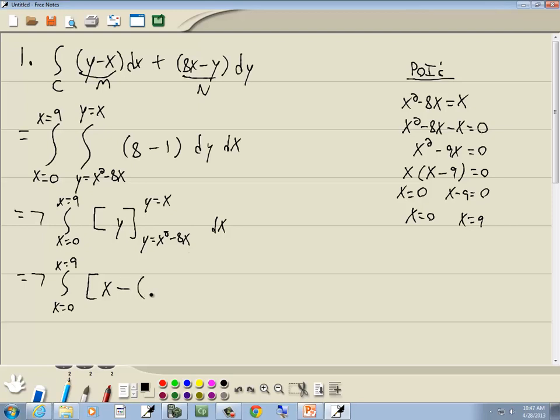And I had to put parentheses here because that minus has to flip the sign of everything that follows it, dx. Do a little bit of simplifying before we find the next integral. Negative x squared, negative gives me a positive 8x, plus the x gives me 9x, dx.